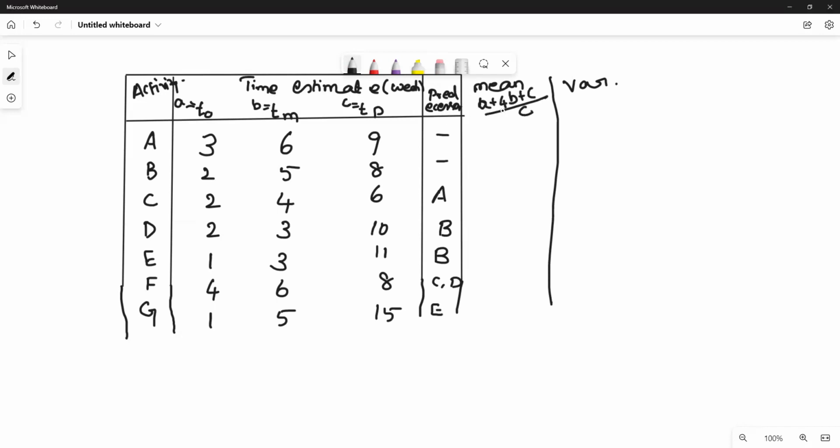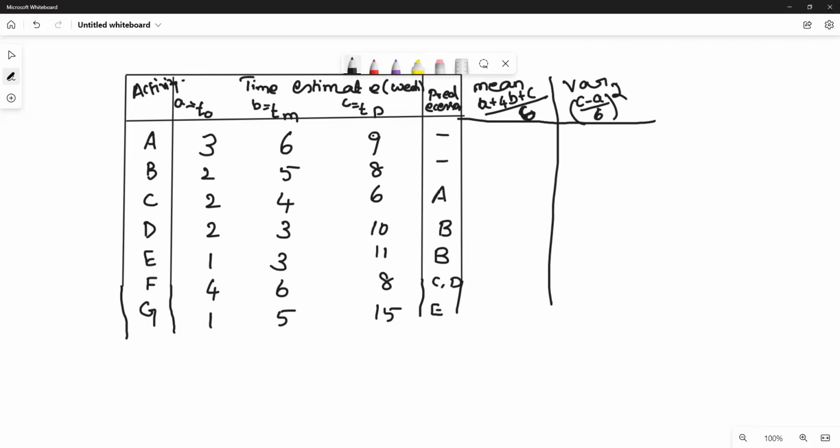T naught plus 4 TM plus TP by 6 is the formula to calculate mean. Variance is calculated using the formula ((C minus A) by 6) the whole square, that is pessimistic time minus optimistic time divided by 6, the whole square. These are the formulas to calculate mean and variance of each activity.